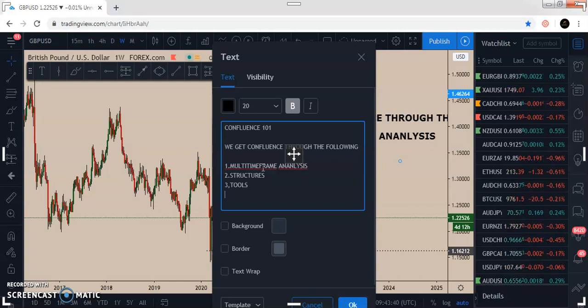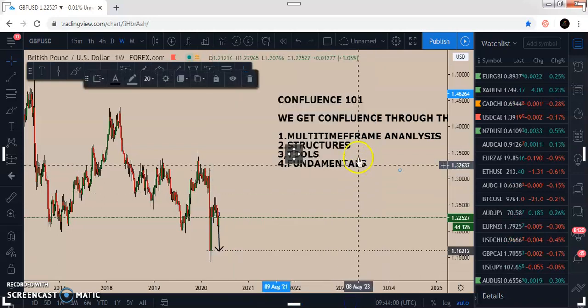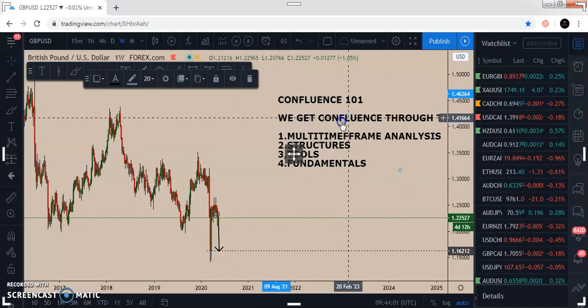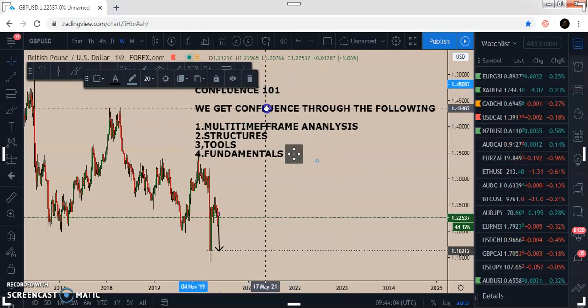And for the fundamentals, let me put it that way. Fundamentals. Now I will add more if there are more, but this I want to quickly show you how I use.